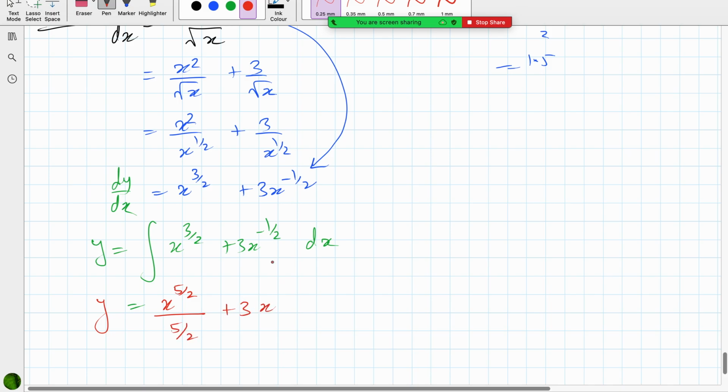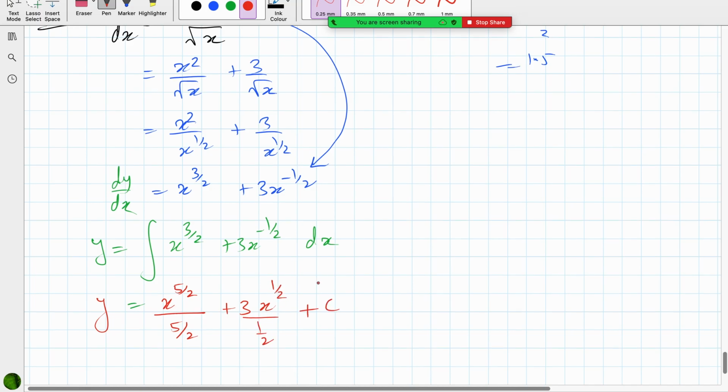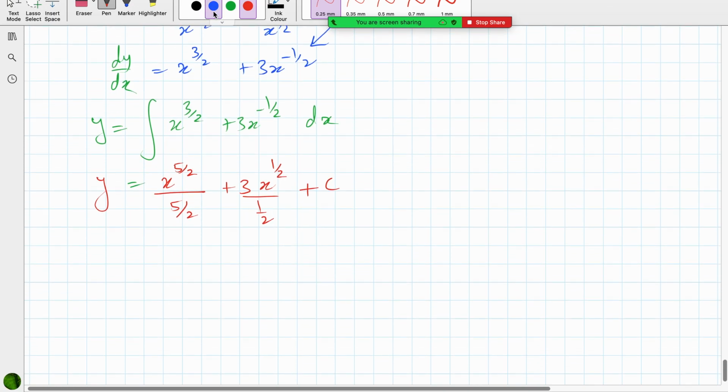Plus 3, negative 1 by 2 plus 1 is 1 by 2, divided by the new power. There is plus c. Always go for simplification first. Y is equal to 2 by 5 x to the power 5 by 2 plus 6 x to the power 1 by 2 plus c.